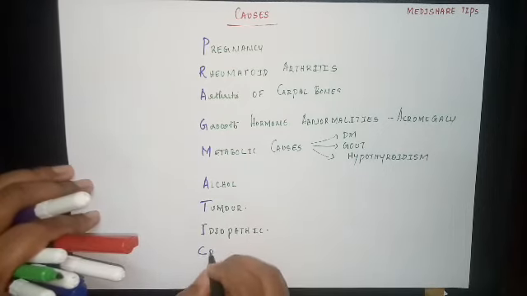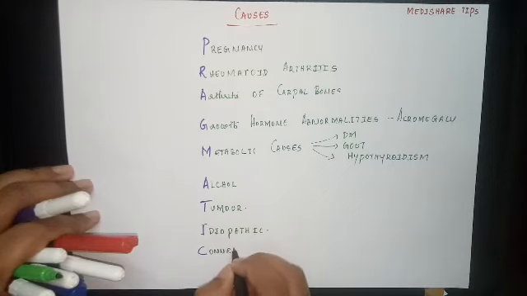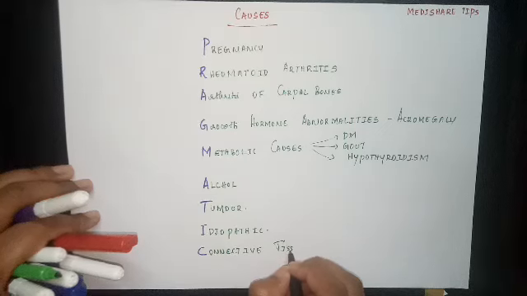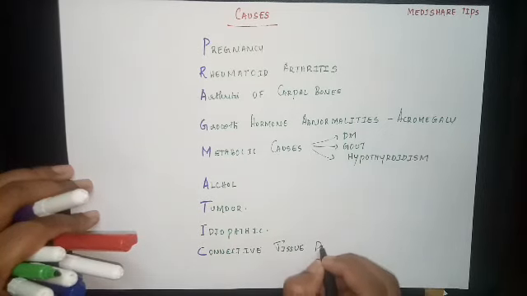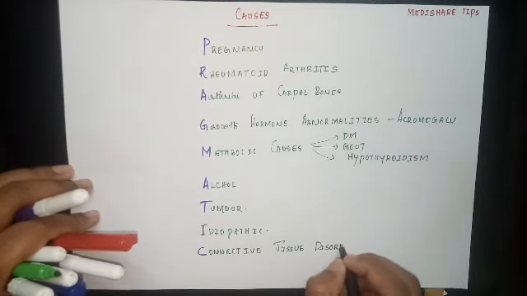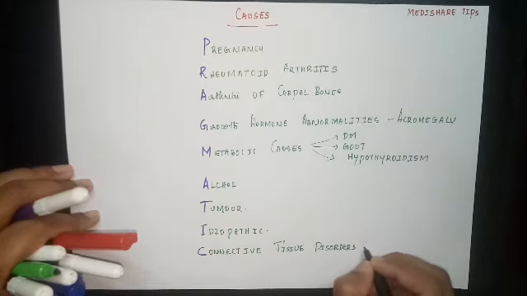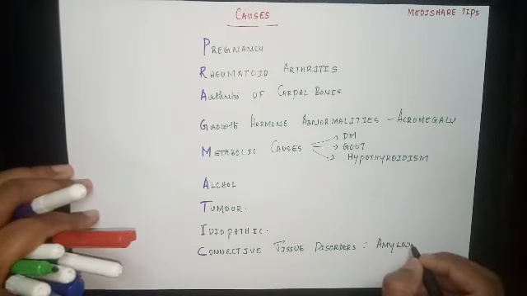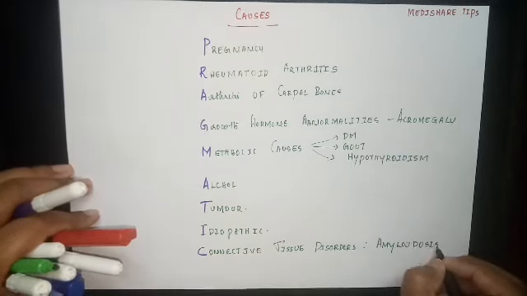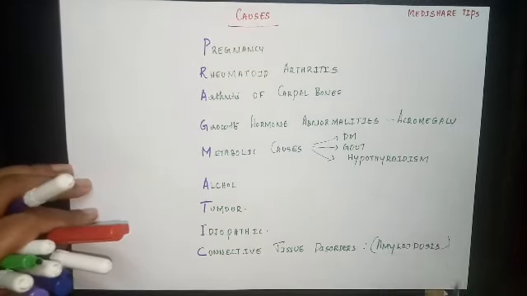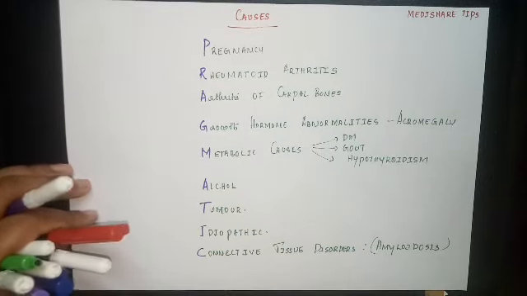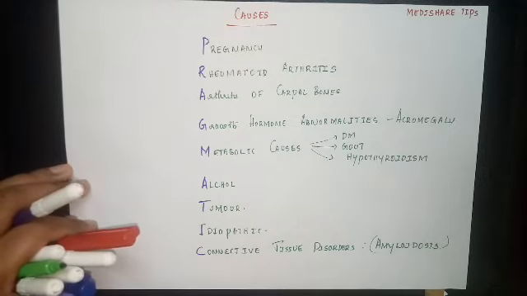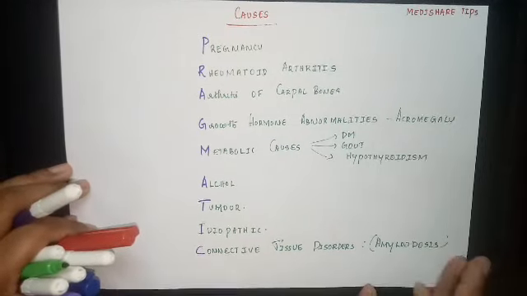C stands for connective tissue disorders, like amyloidosis, which is another cause. So connective tissue disorders and amyloidosis can be causes. So this is a mnemonic for the causes of carpal tunnel syndrome.